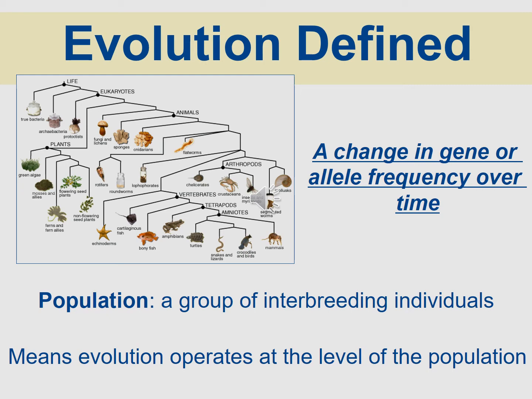And so all you're looking at in terms of a definition for evolution, very simply, is a change in gene or allele frequencies over time. And you cannot prevent this from happening. It's incontrovertible. Every generation, the genotypes and phenotypes are going to be different.